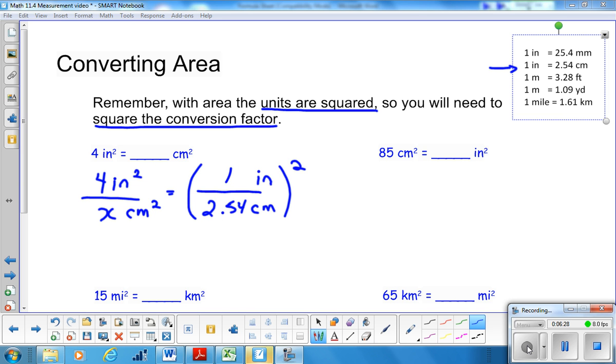And so when we cross multiply, we end up with x times 1, or x, and 4 times 2.54 squared. When we multiply that out, 2.54 squared times 4 gives me x being 25.81 centimeters squared.